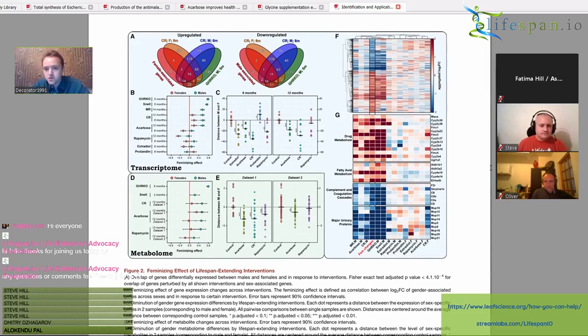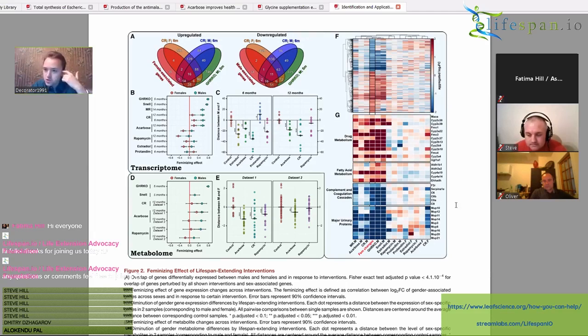It means that these genes are, first of all, differentially expressed between males and females, and second, they are perturbed by feminizing interventions, right? So they are correlated with the feminizing effect. If we look at pathways enriched by these genes, we observe drug metabolism on the upside, and on the downside, complement coagulation cascades and major urinary proteins.